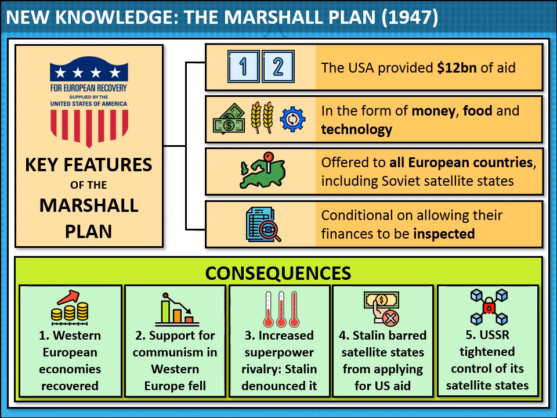To do this, Stalin set up two organizations. Firstly, Cominform, and secondly, Comecon. You're going to read a little bit more about those in a moment, and we're going to look a little bit more in detail at them next lesson.